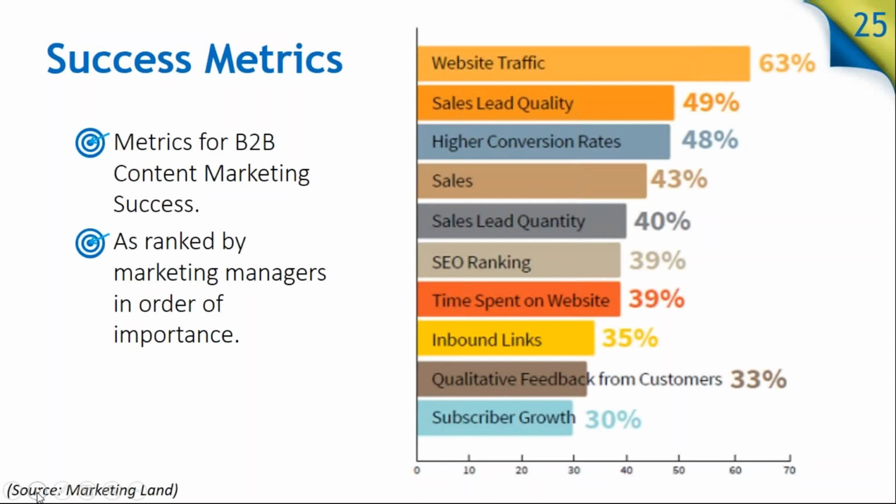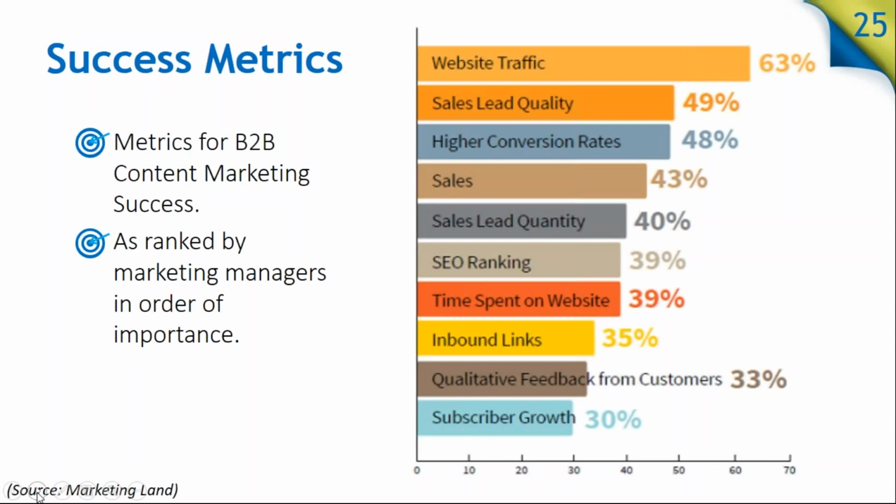As soon as companies could see that the website traffic was going up, they would generally see that they'd get more leads and more sales, and so to them website traffic was the most important. The next was sales lead quality, and this is when we look into lead scoring and how high quality those leads being generated are.